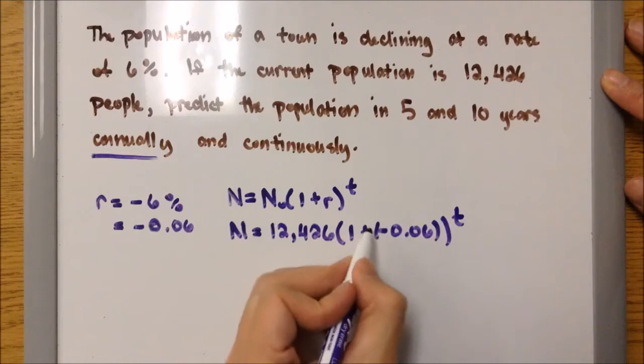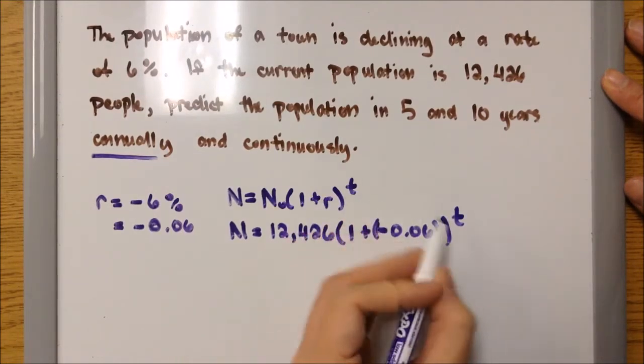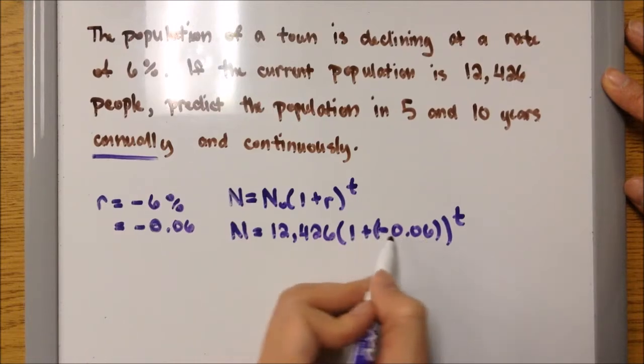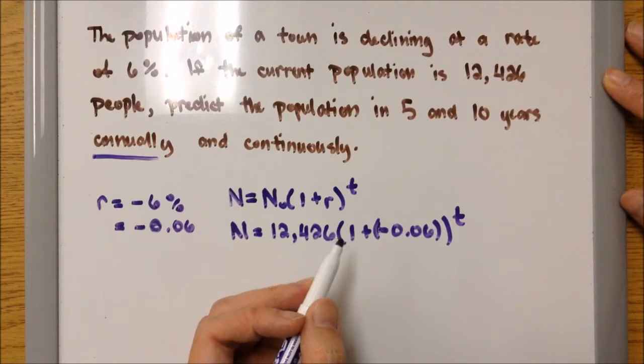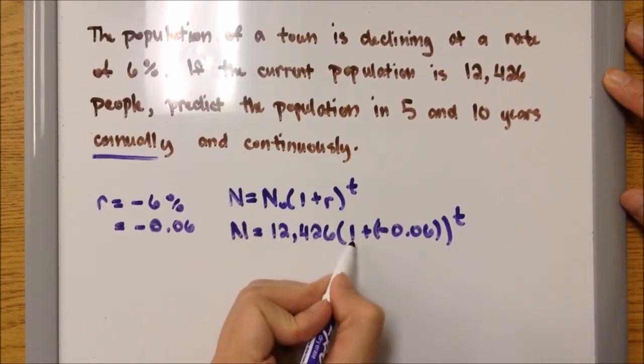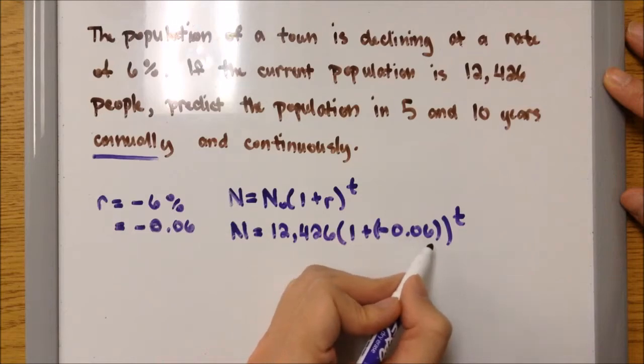So again, here is parenthesis, negative. I did that because it was the declining rate, so negative, and 1 is a positive number. So what it means is that it's 1 minus 0.06.